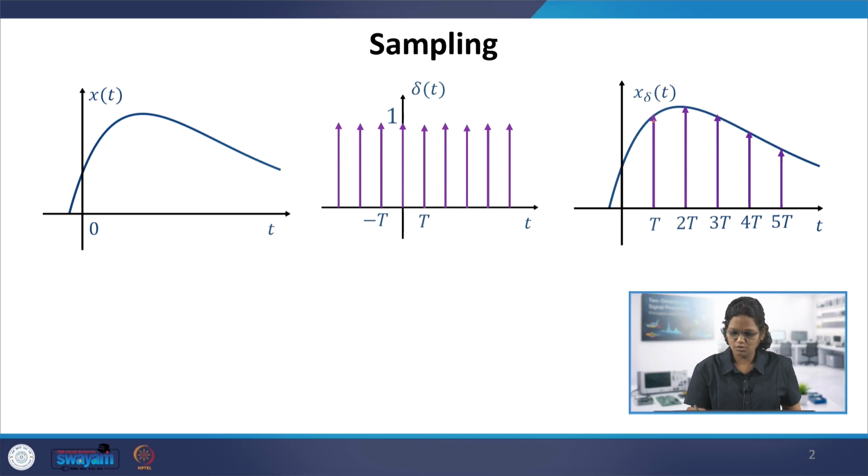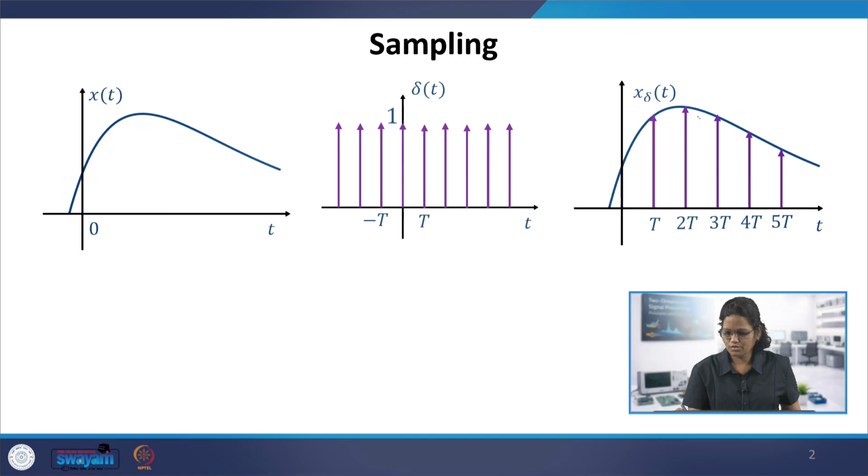Now the amplitude has changed because of this multiplication. It's not unity anymore, and the value of the signal x of t is obtained here. The impulse amplitude is similar to the value given here, x of delta t, because this is a multiplied one. So in the sampling operation we get these samples from the signal.